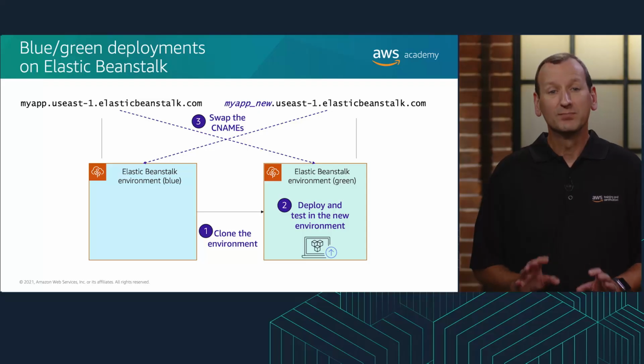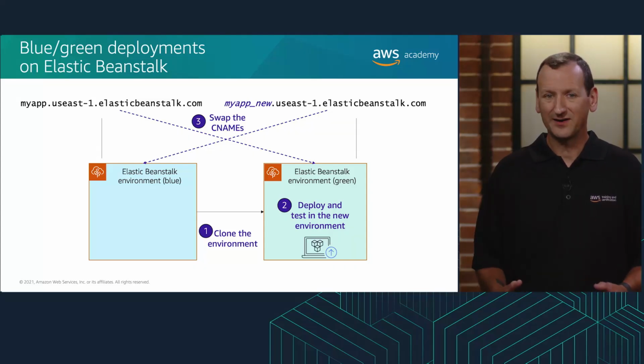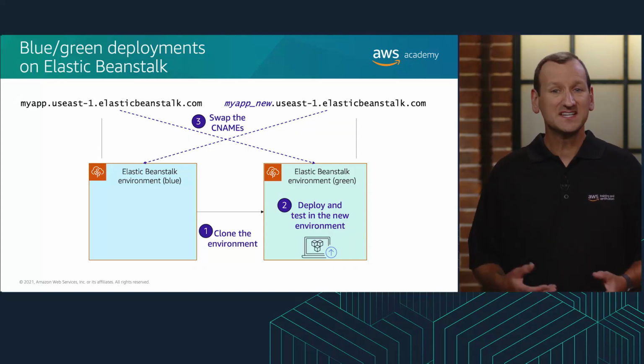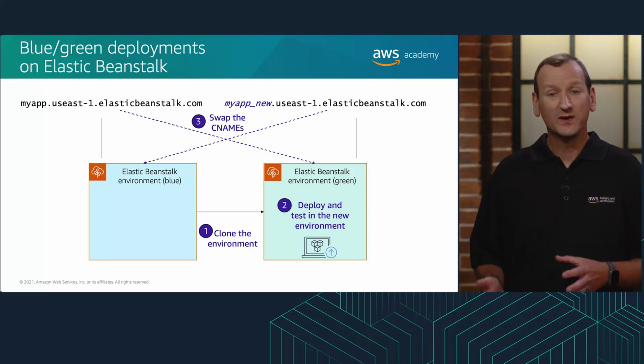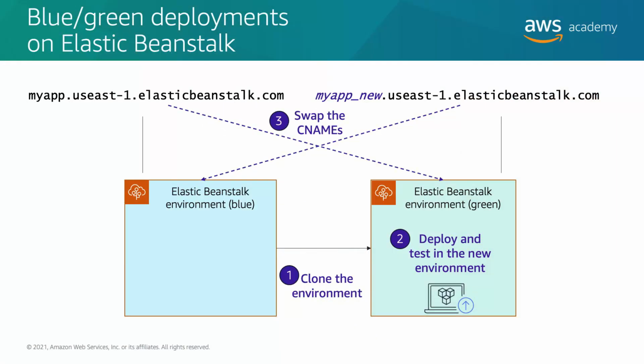Blue-green deployments are similar to immutable deployments because you create an entirely new environment and then move your application to that environment. With a blue-green deployment, you deploy the new version to a separate environment. You then swap CNAMEs of the two environments to redirect traffic to the new version instantly. Elastic Beanstalk gives you the option to clone an environment.